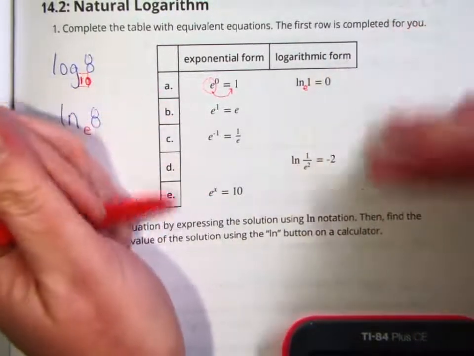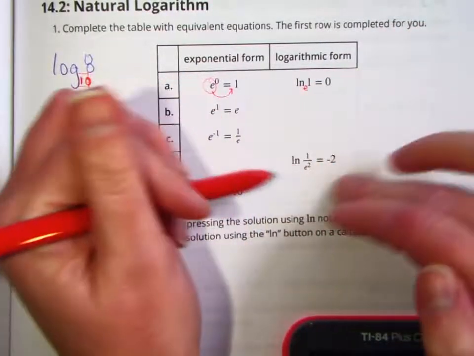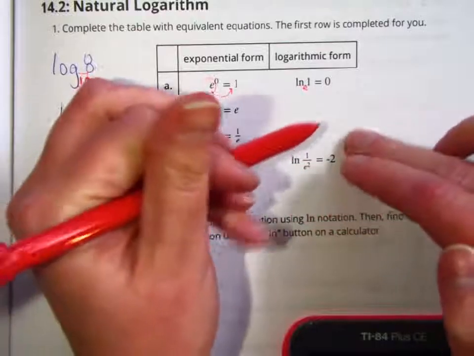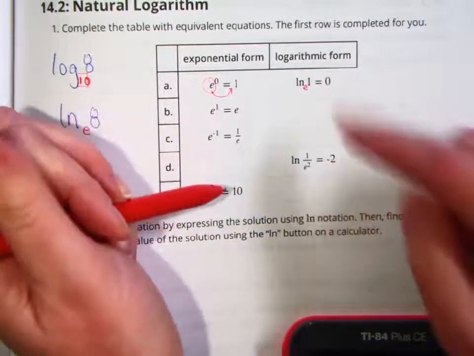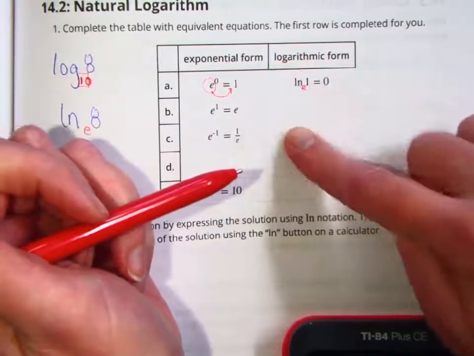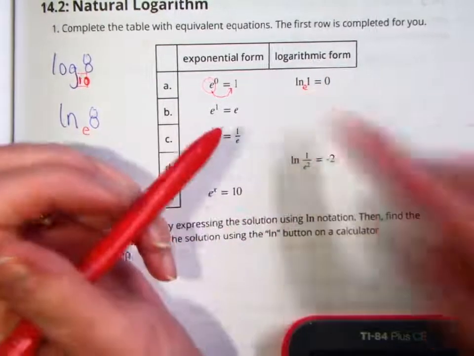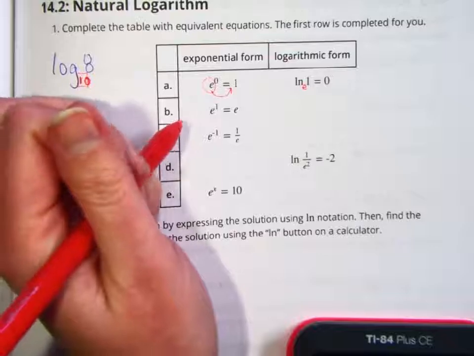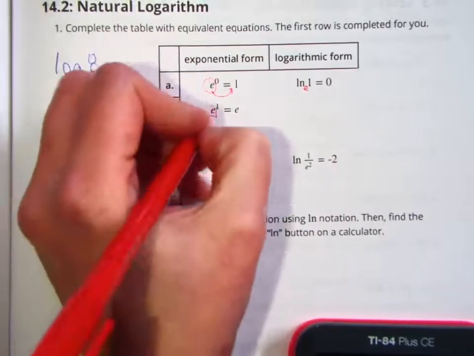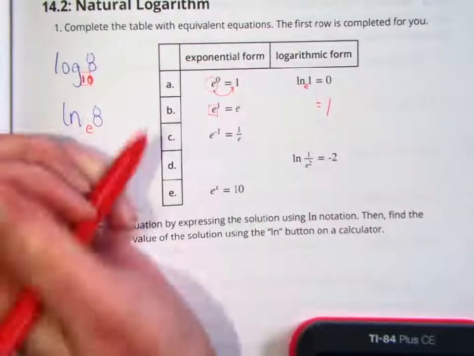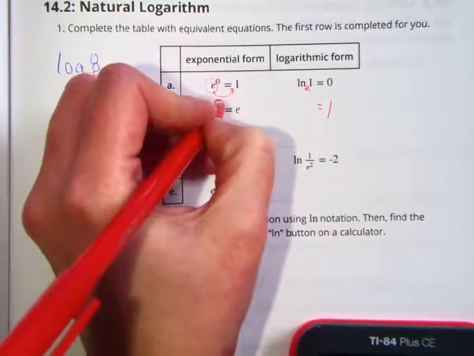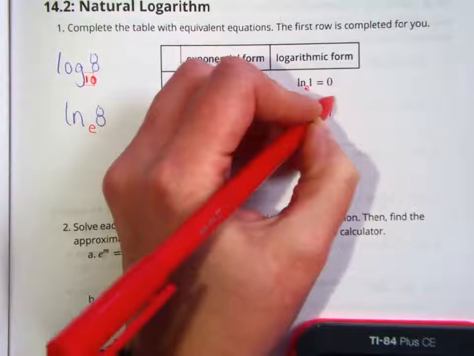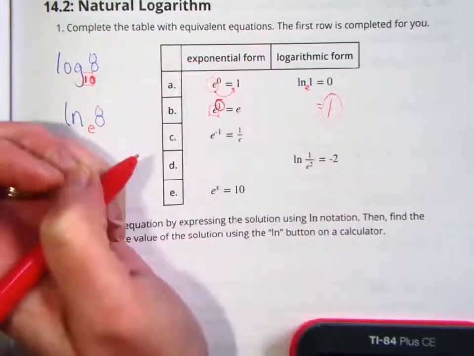We're just going to practice filling in this table, going from exponential to logarithmic form and back again. All of these are using base E. So instead of log over here, we're going to see ln, or natural log. Remember, our goal is to isolate the exponent, so the exponent should be all by itself in logarithmic form.